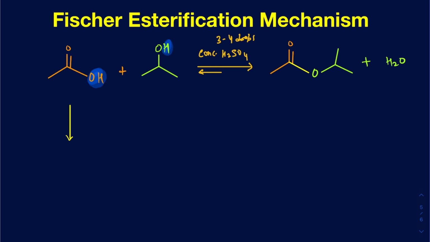So we're going to have this sulfuric acid here that looks like this, and we're going to be protonating that oxygen. So we're going to use that oxygen to grab this proton, and this comes up here.